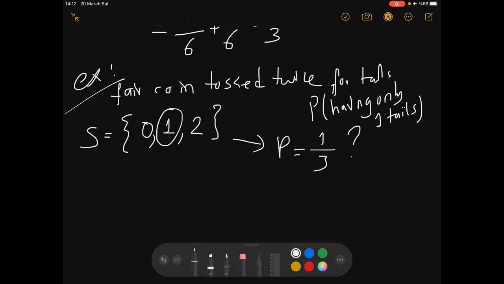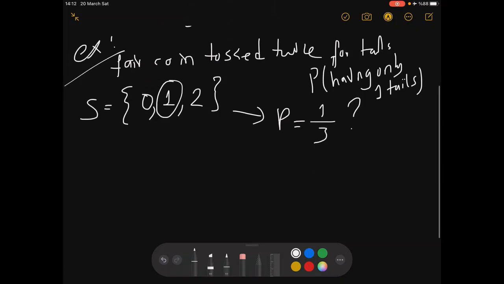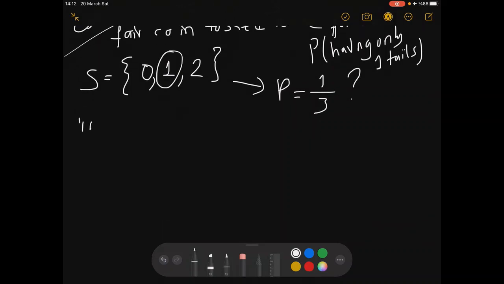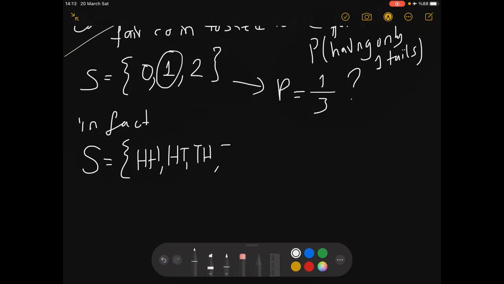Pause the video and think about it. And now, that's what I was telling you about the events with equal frequencies. You need to set your sample space carefully here, because in fact in this case your sample space would be heads heads, heads tails, tails heads, and tails tails. This is the real sample space that it should be.